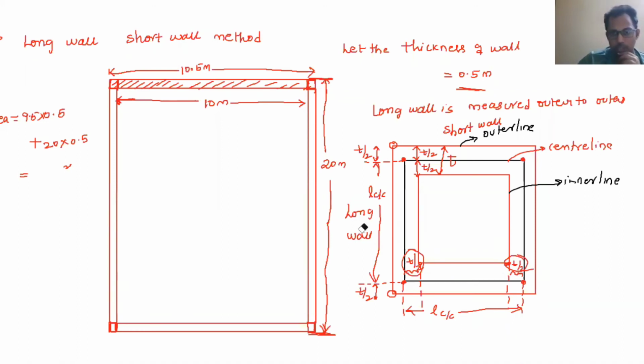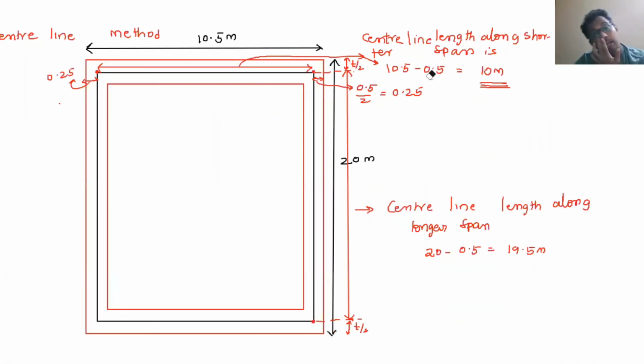Let us see afterwards. Now coming to the shorter span again. This is the center line length along the shorter span, and this is the center line length along the longer span. Now the area is equal to 10 into thickness, that is 0.5, plus 19.5 into 0.5. This is the area with respect to the center line method.